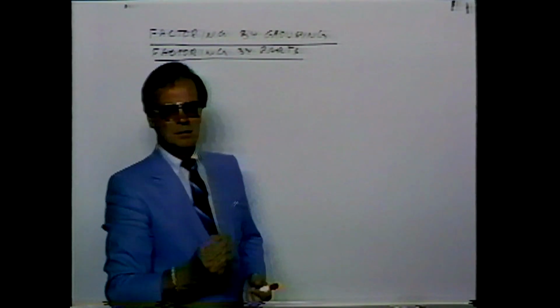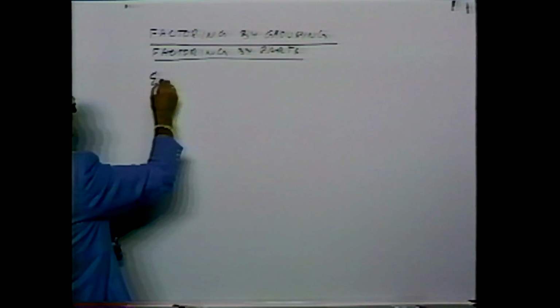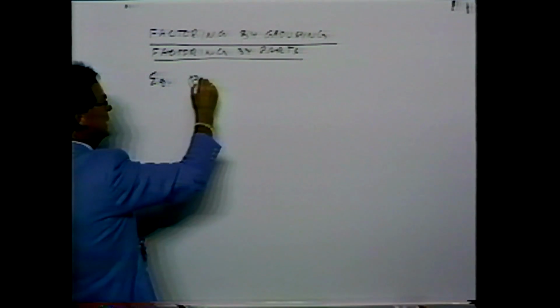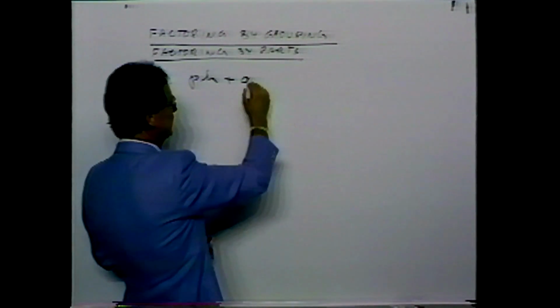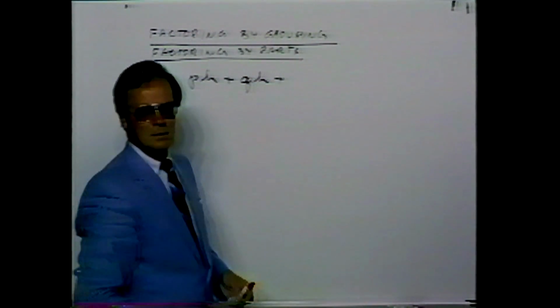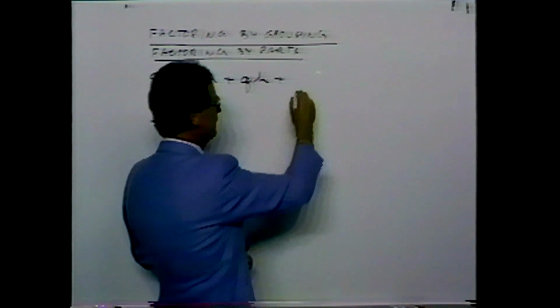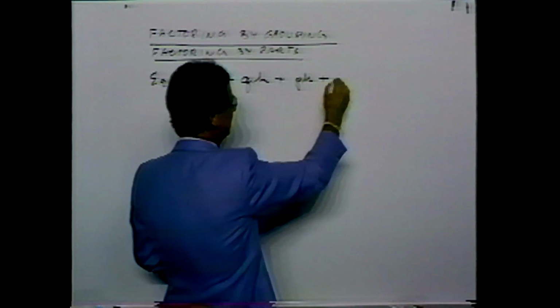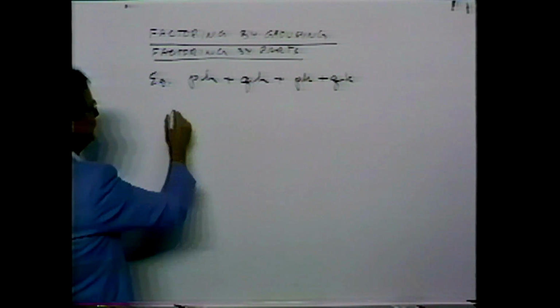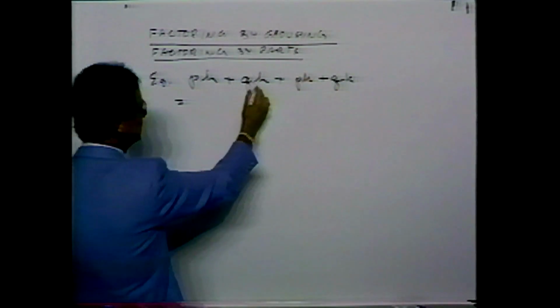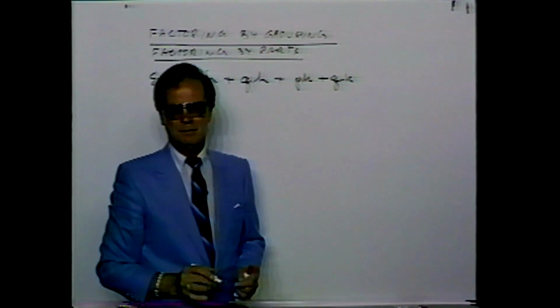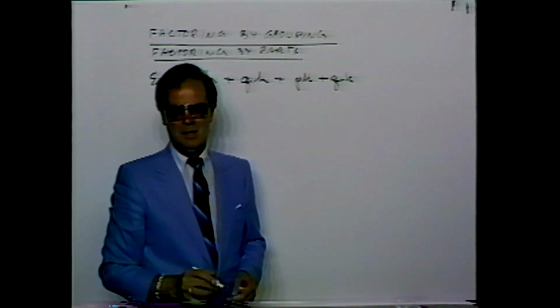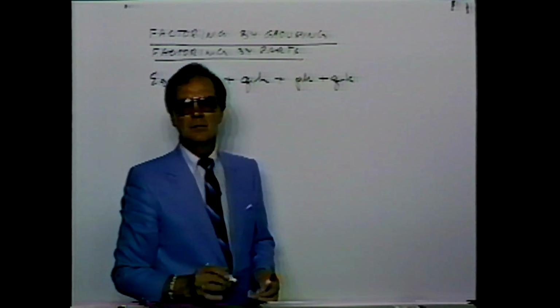For example, pH plus qH plus pK plus qK. If we take the first two terms and put brackets around them, we can identify a familiar factoring type.